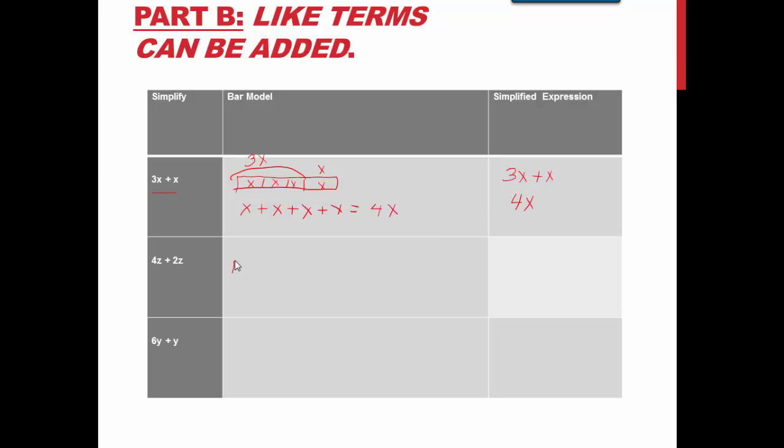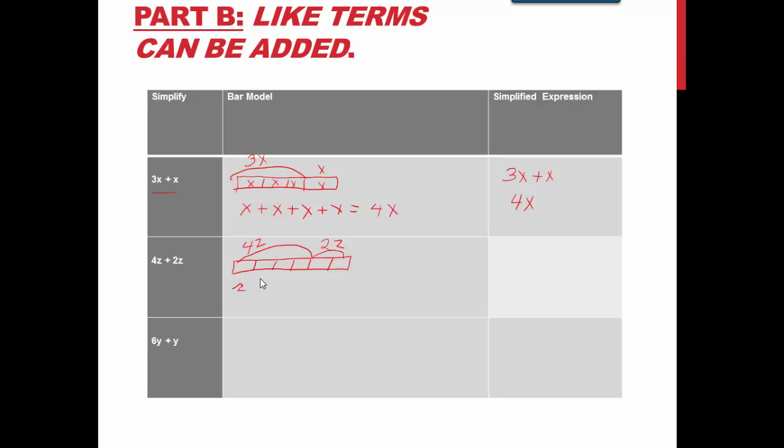Now let's draw the model for our next one. We have 4z. 1, 2, 3, 4. Here is 4z. Then we have 2z. What does it become when we simplify it?